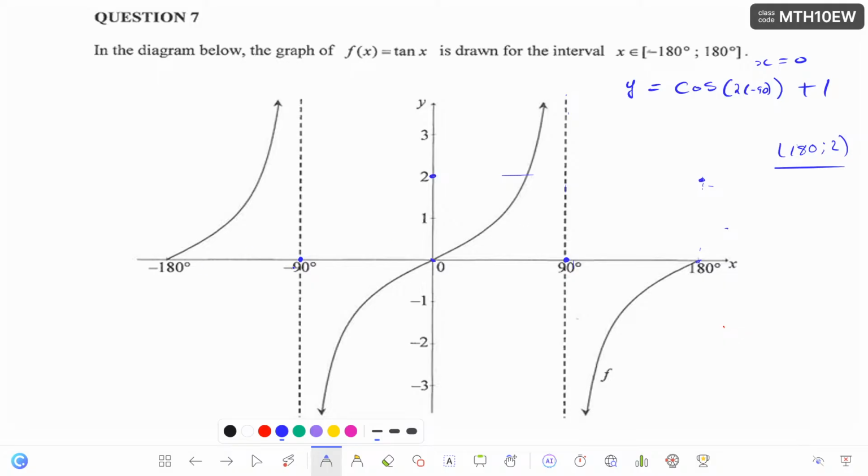Let's check with negative 180 degrees. If you put negative 180 degrees here, you're going to get positive 2. So positive 2 is somewhere here. So sketching the graph is going to be like this.